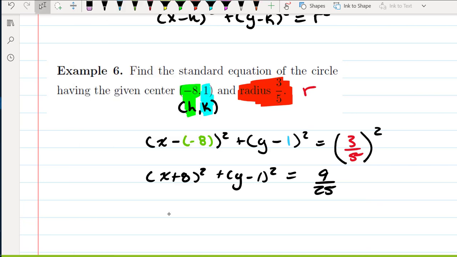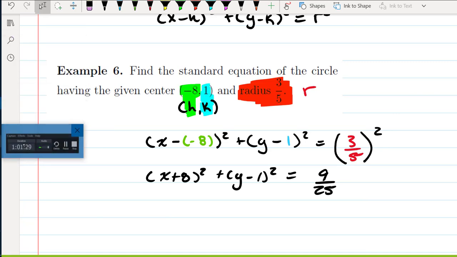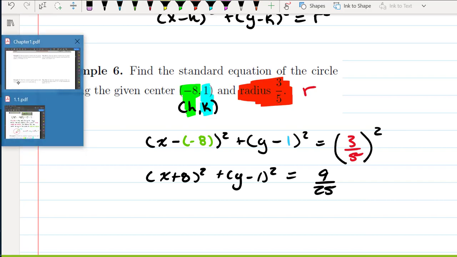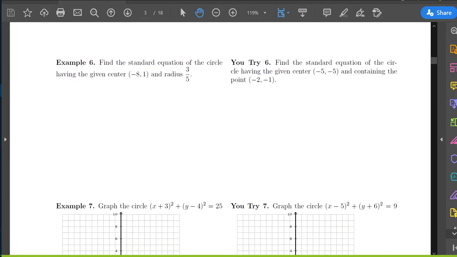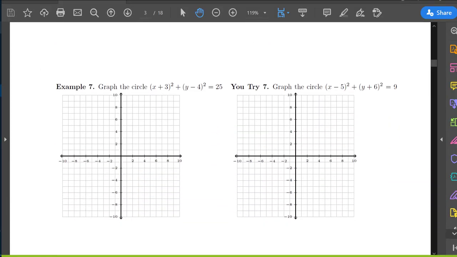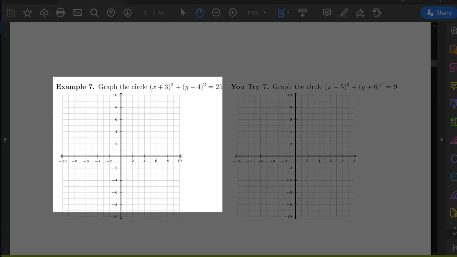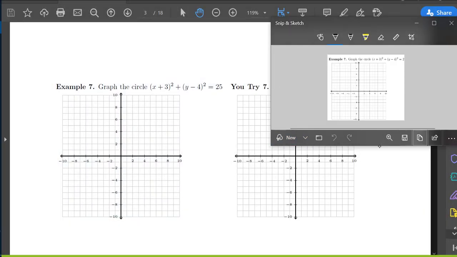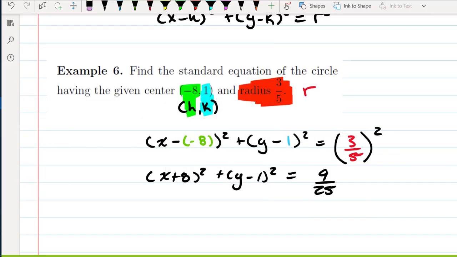All right, we're running a little low on time, so I'm going to jump to example 7, and we'll combine both of the U tries, just so I can make sure we get through all of them. The last one, example 7, is we're going to be using that same formula, but it wants us to graph the circle.